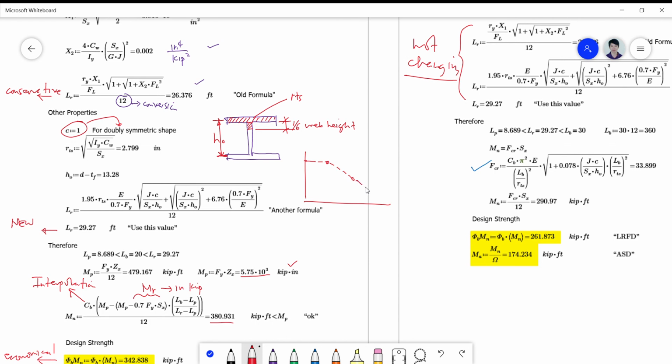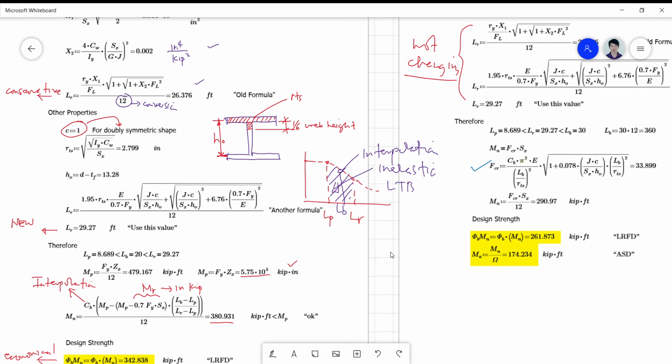So this is your LR, this is your LP, and your LB, which is 20 feet, is now on this interpolative range. This region is actually the inelastic lateral torsional buckling region, the LTB region. So this is the region into which your interpolation formula is being used.